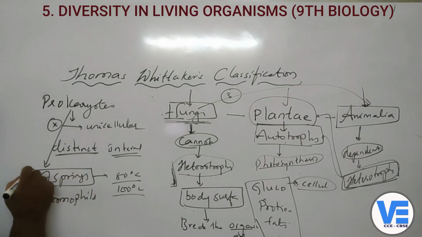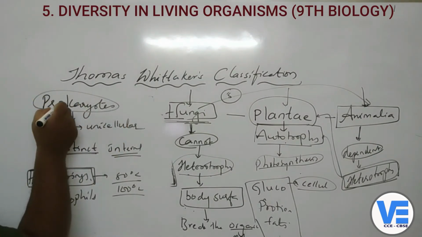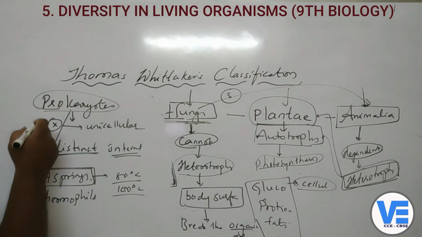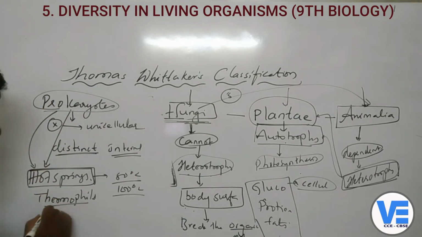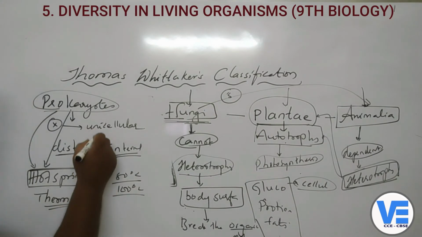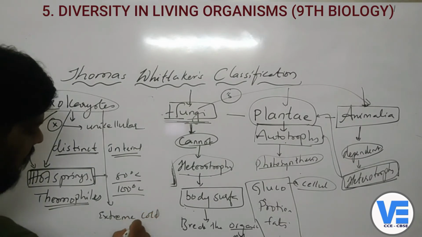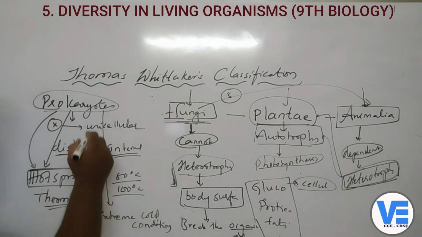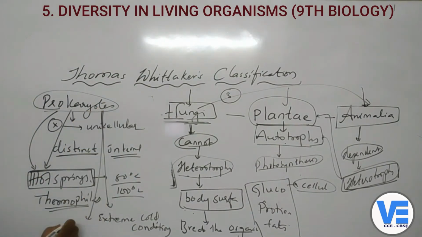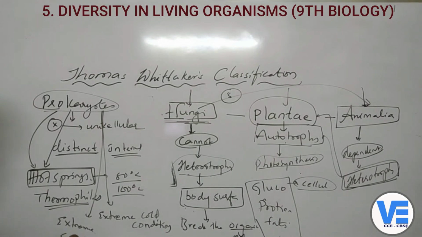That means some of the bacteria, or some of the prokaryotes which are placed under the Monera, are able to live in the hot springs. That's why they are called thermophiles. And some of them are able to live in extreme cold conditions also. And some of them are also living in extreme salt conditions.